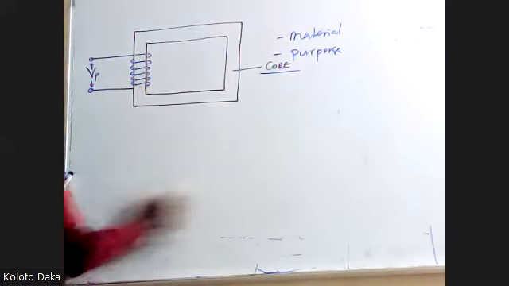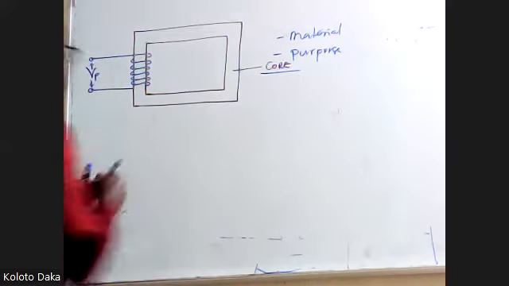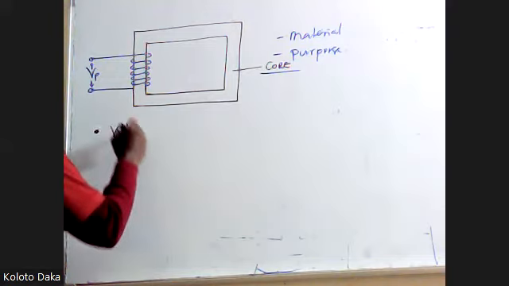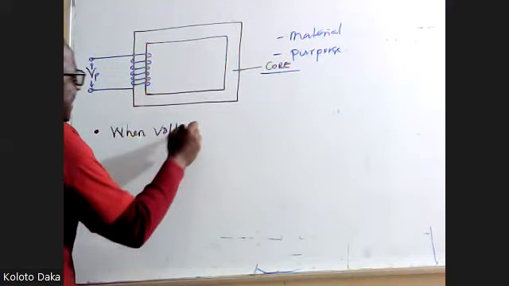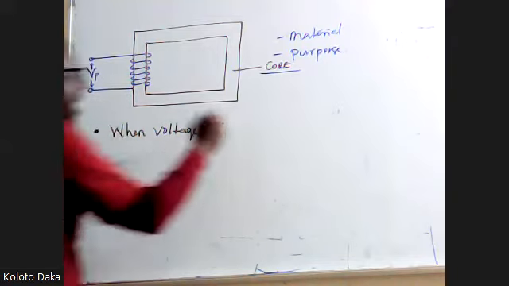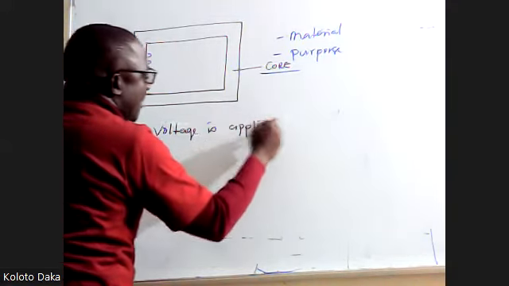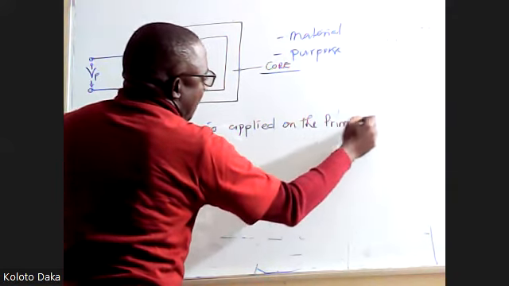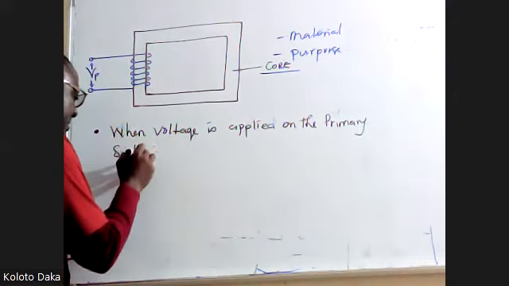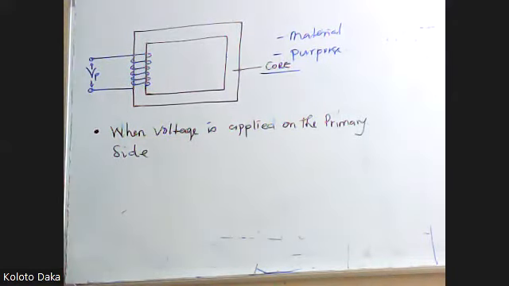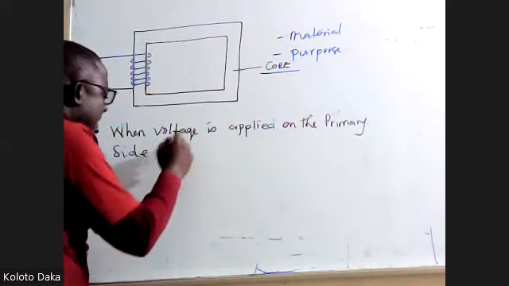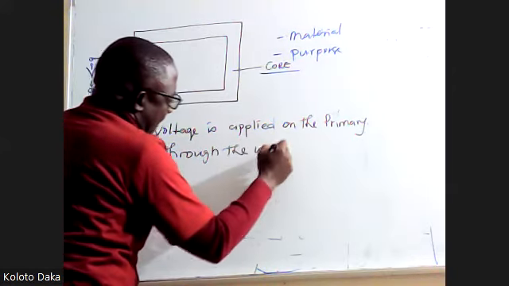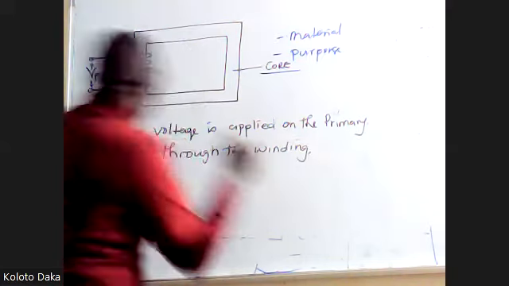We proceed. So, second point is that when voltage is applied on the primary side. How is voltage applied? Through the winding, this winding here.